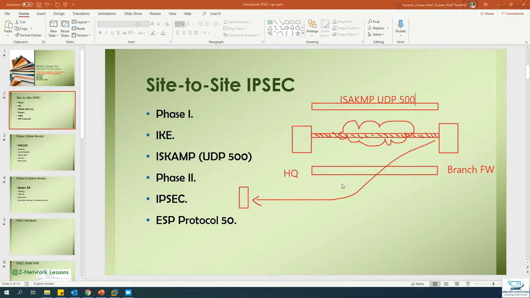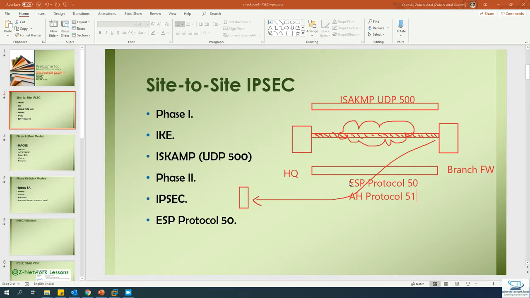And also for phase 2 it uses your ESP protocol, and it has its own protocol number, which is protocol 50. ESP provides you encryption, hashing, as well as authentication. Then there is another method, AH, authentication header. This uses protocol number 51, but generally we use ESP because AH only provides you authentication and hashing, no encryption.